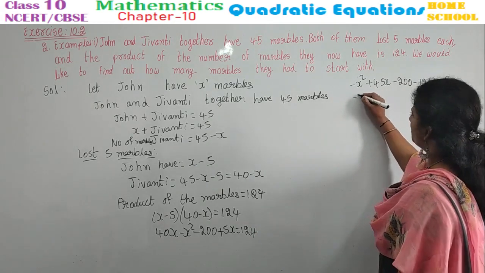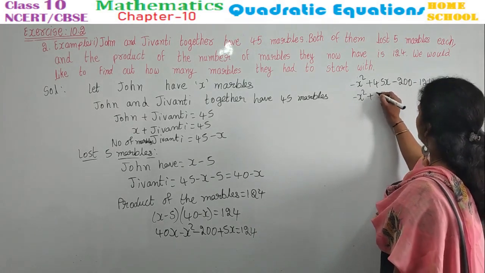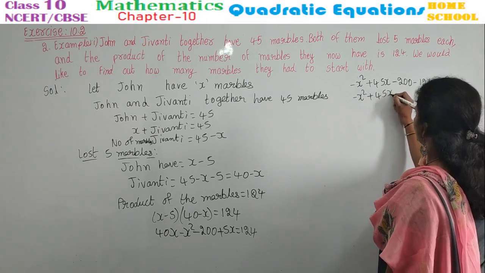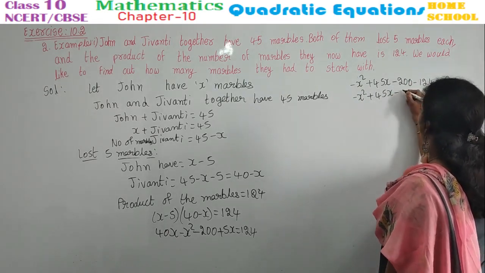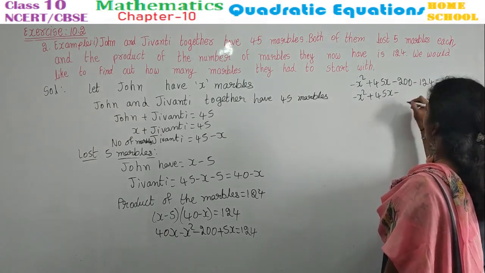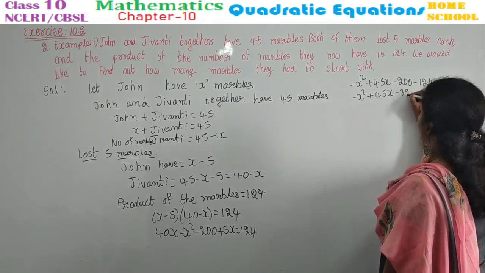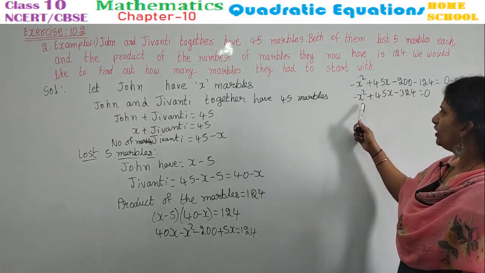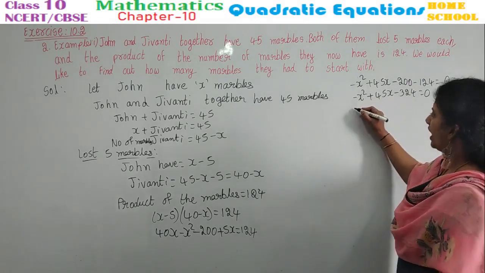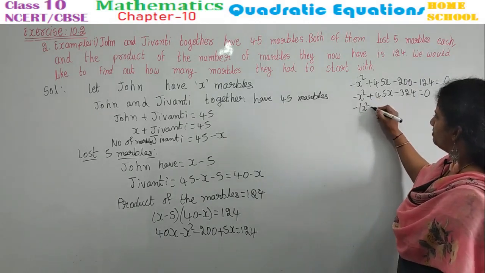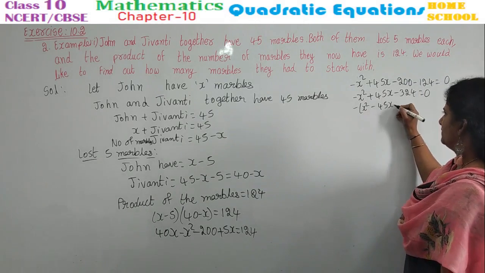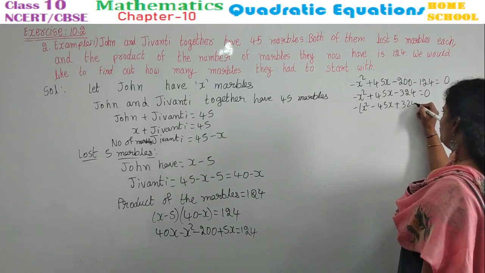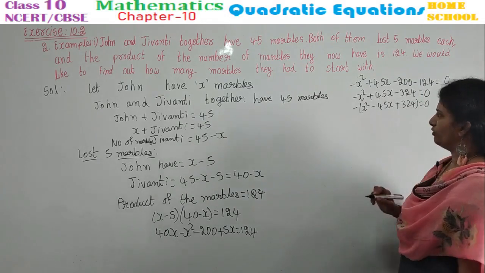Now this one, minus x square plus 45x, and this will be minus 200 minus 124. It will be minus 324 equal to 0. I don't want a negative sign. So take out negative sign common. Minus, x square minus 45x plus 324 is equal to 0.